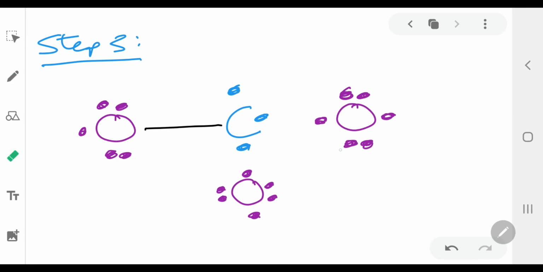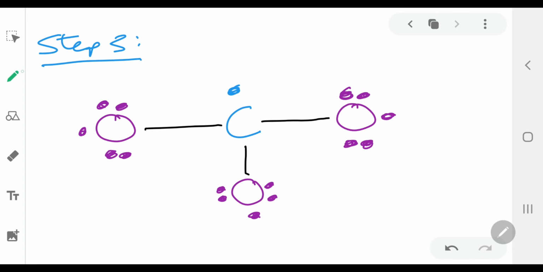Okay, and then when you have this unpaired with that unpaired, that will form another bonding pair. Right, and then that unpaired with this unpaired, you're going to form another bonding pair.